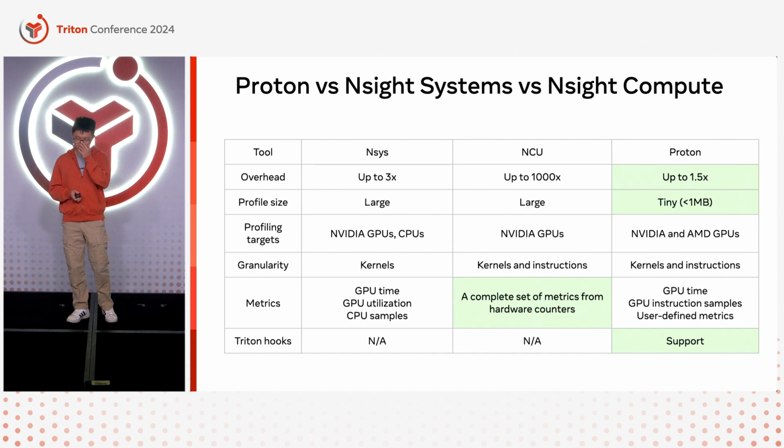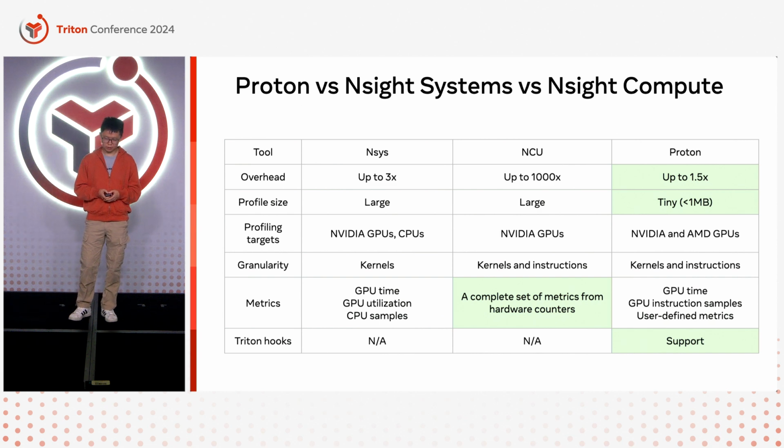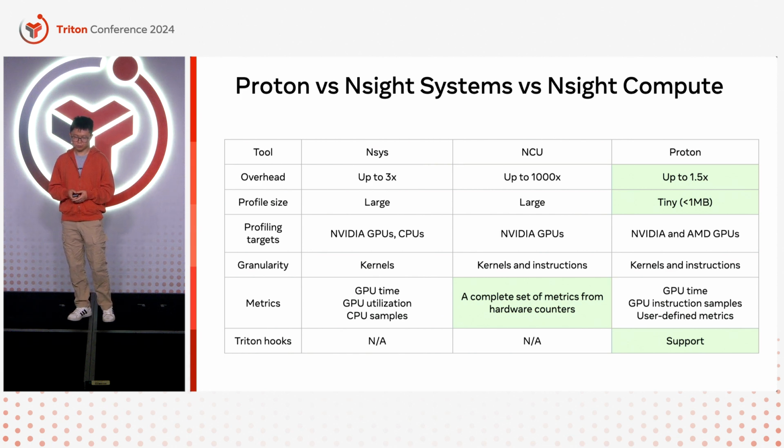It is noteworthy that we don't profile every metric that Nsight Compute supports. Instead, we just support a few commonly used metrics like instruction samples. We also have specialized support for Triton hooks. I hope this gives you a better understanding and comparison between Proton and other profiling tools.